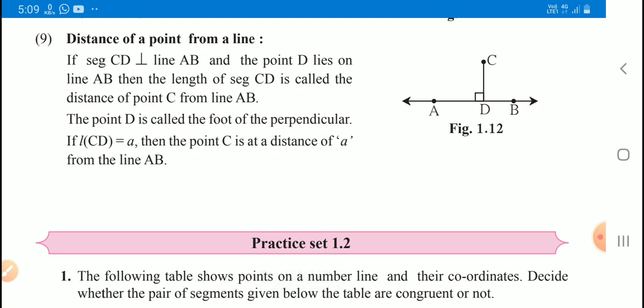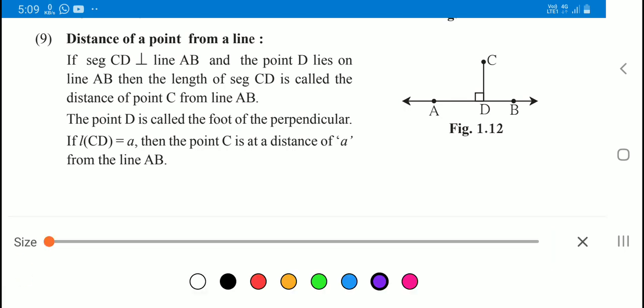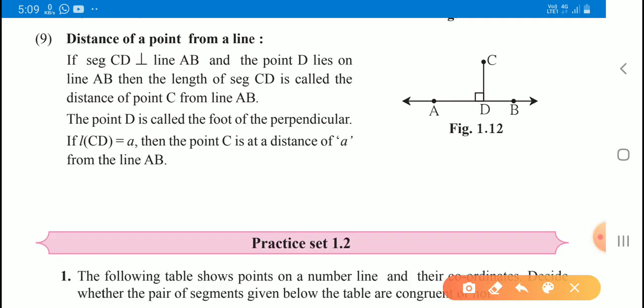If length CD is equal to a, then the point C is at a distance of a from the line AB. This distance of CD is a, so we can say that length CD is equal to a.